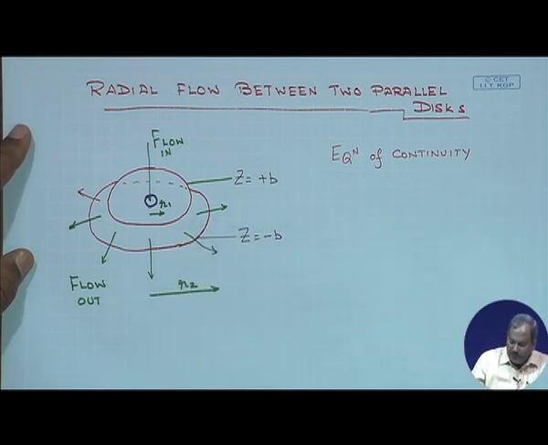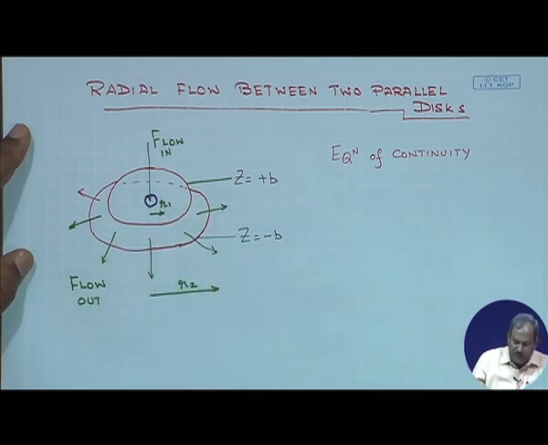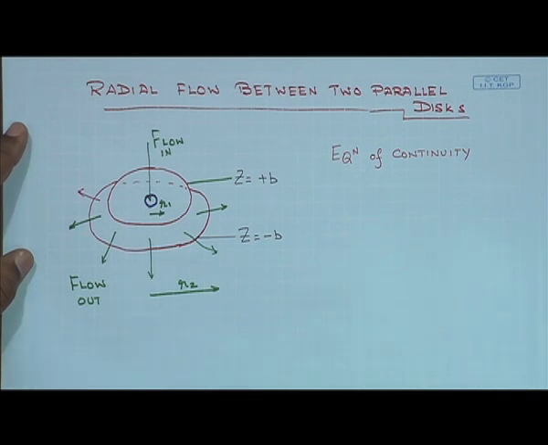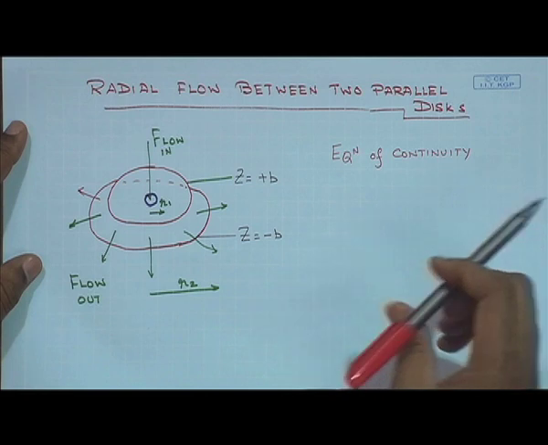We are not going to deal with the region below r1, because the flow situation over there is extremely complicated. So the first thing to do is to use the equation of continuity and see if any compact formulation is possible.